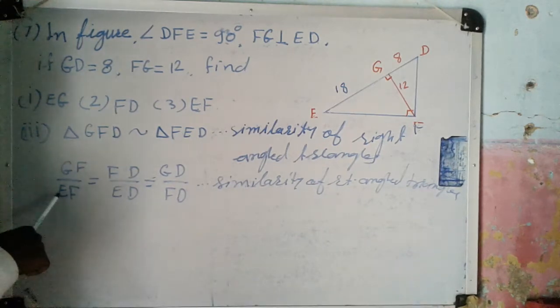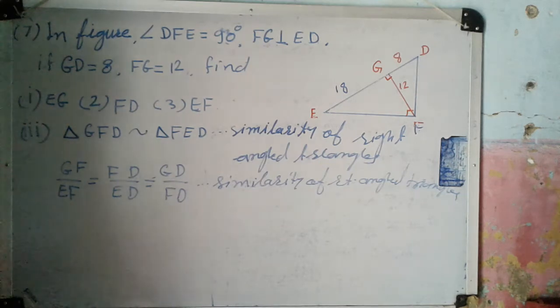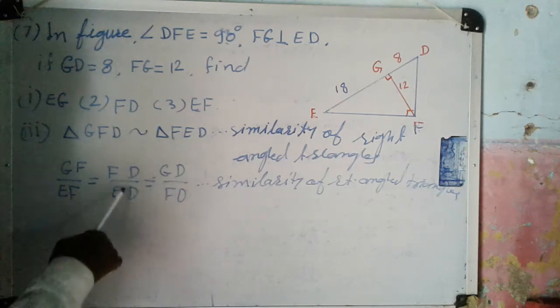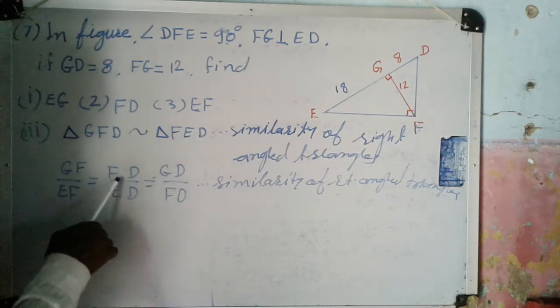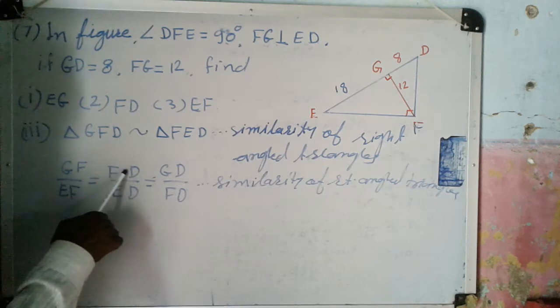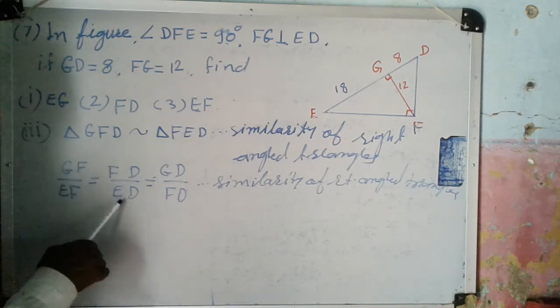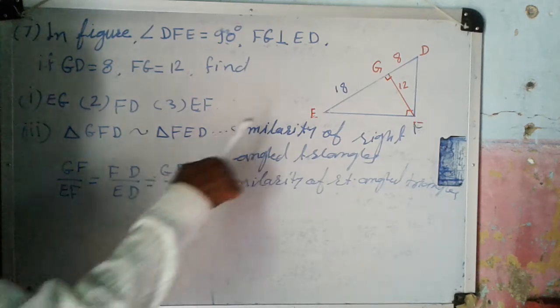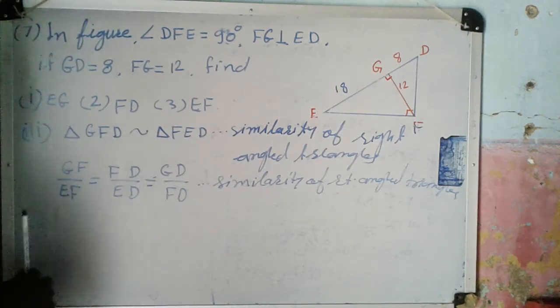We can choose any one ratio from these two. See here, we have calculated FD is equal to 4 root 13. We have GF is equal to 12. We have ED is equal to 26. So we can use these two ratios.